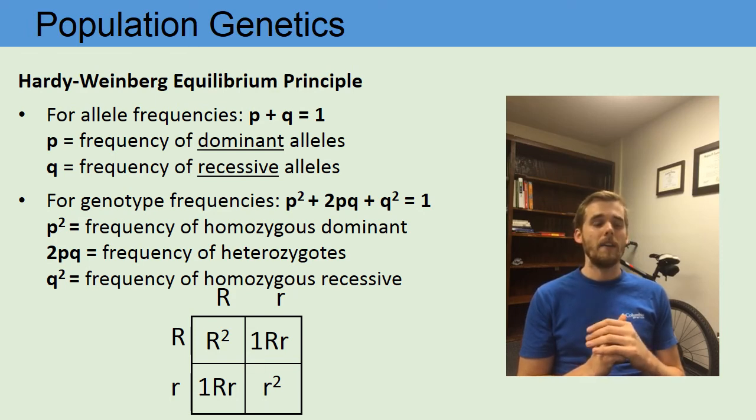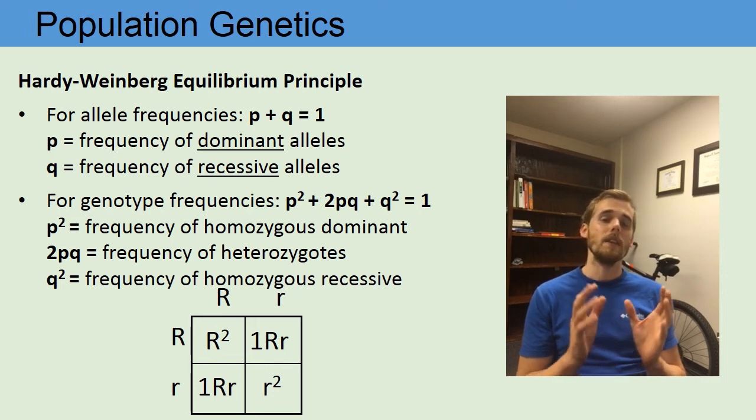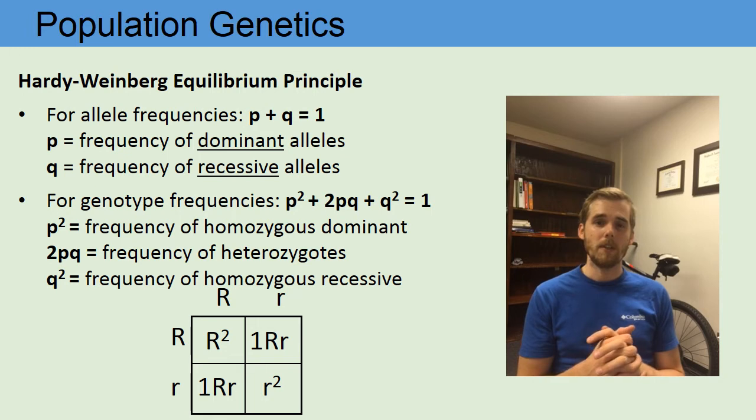So whenever you add big R squared plus 2 big R, little r plus little r squared, you get 100% of the genotypes in the population. This is basically expressed by the formula p squared plus 2pq plus q squared equals 1. So again, p squared is the frequency of homozygous dominant, 2pq the frequency of heterozygous individuals, and q squared the frequency of homozygous recessive individuals.